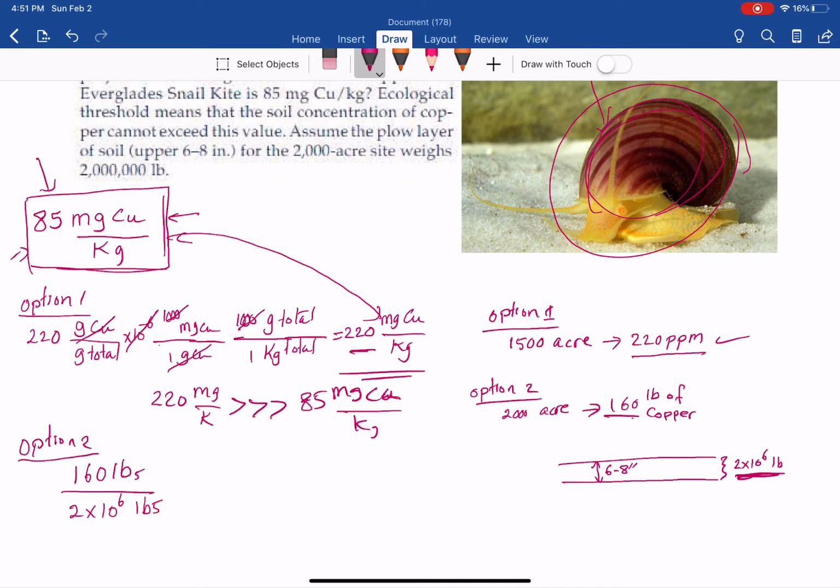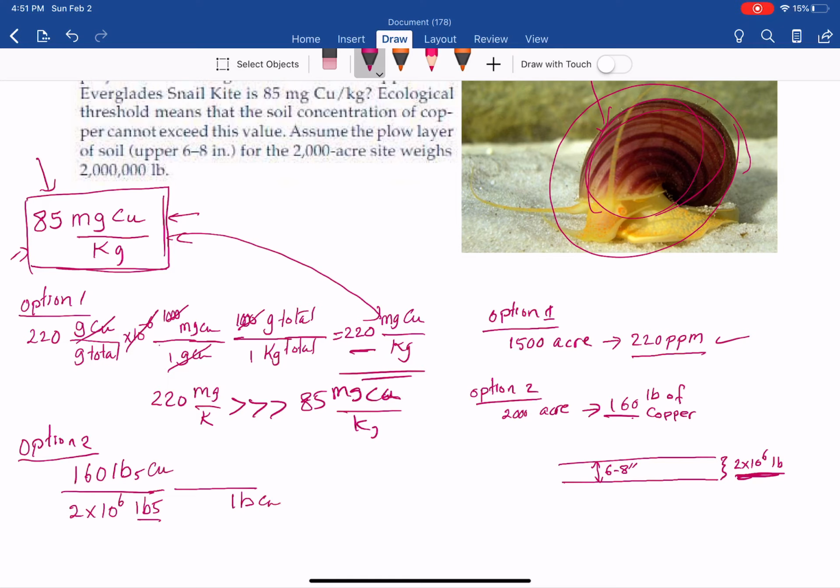Now this is pound per pound. Let's convert pounds to kilograms: pound of copper over pound total soil.